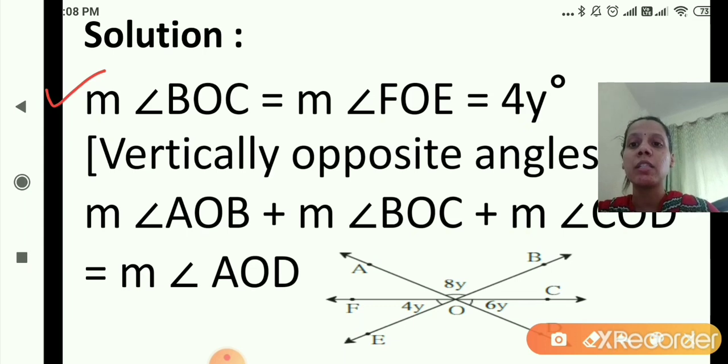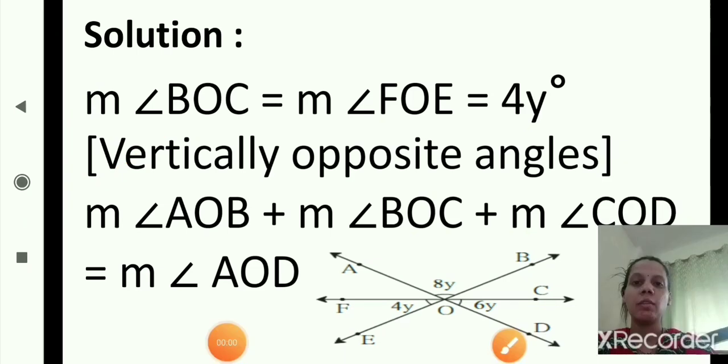This angle is equal to 4y, because in the question the measure of angle EOF is given, that is 4y. So BOC is also 4y, because they are vertically opposite angles, and you will write down the reason also in the bracket, as you can see here. This is the reason written here in the bracket: vertically opposite angles, correct?